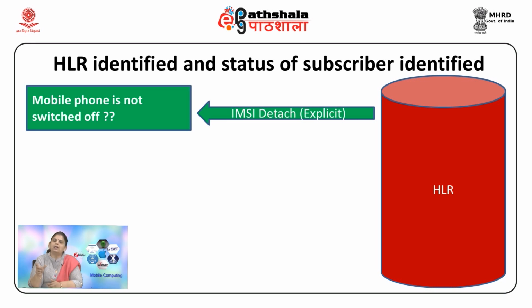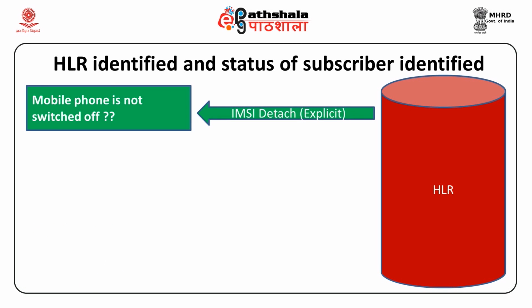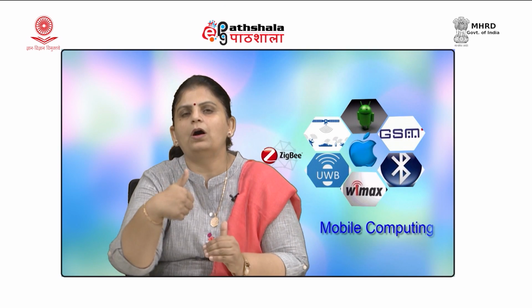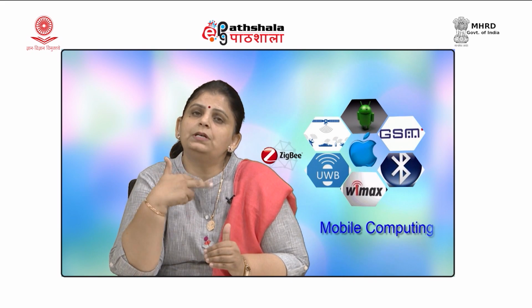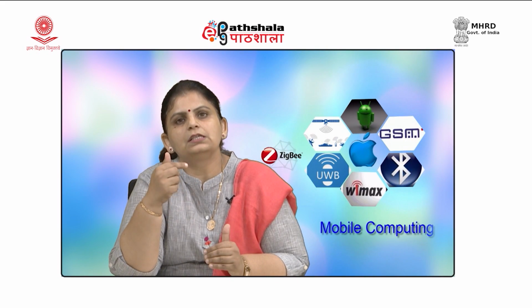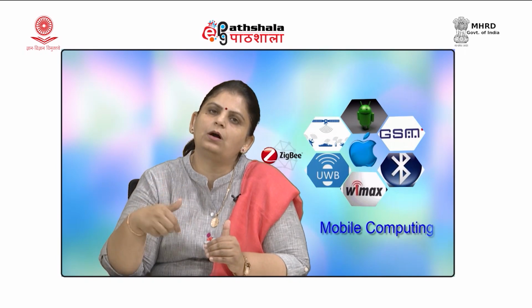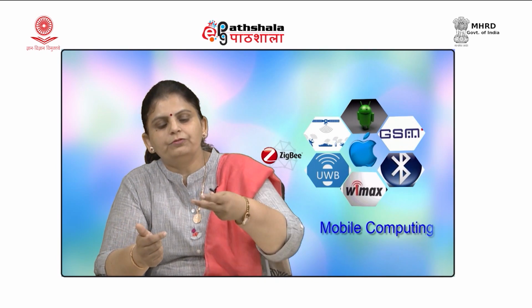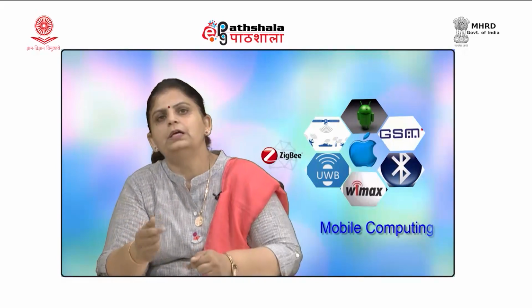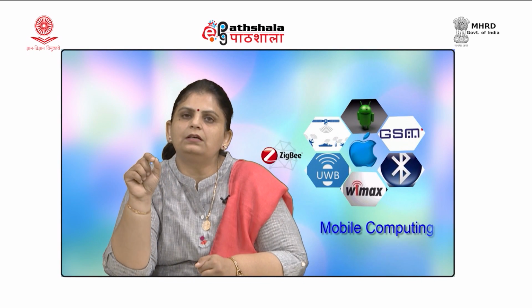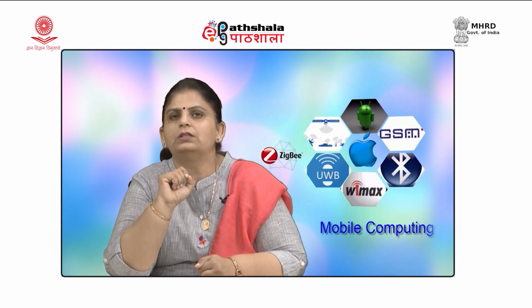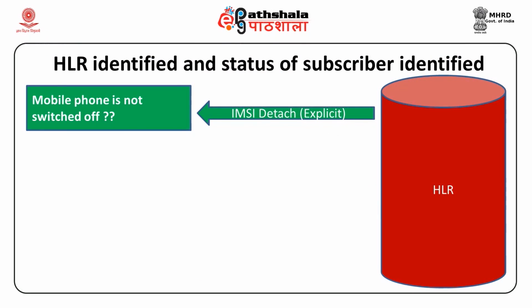So, IMSI detach means that the mobile phone is disconnected from the network, but it can be disconnected in two ways: either it is switched off or it is out of coverage area. Whenever the mobile is switched off, an explicit IMSI detach takes place on the HLR, that is that field is set to 1.